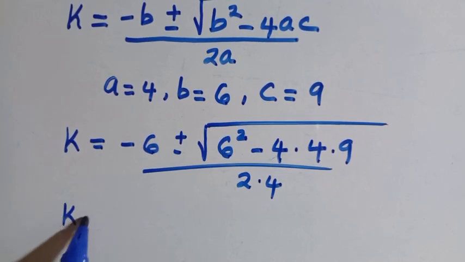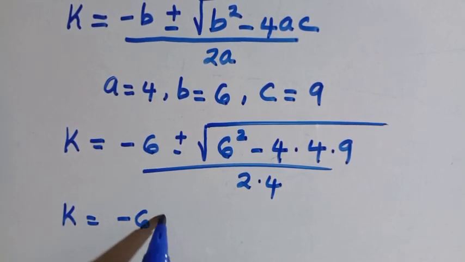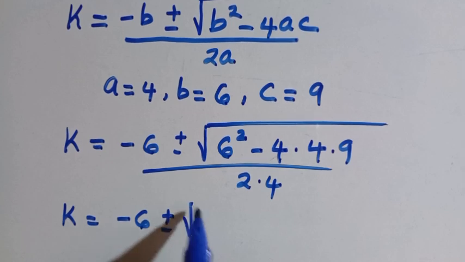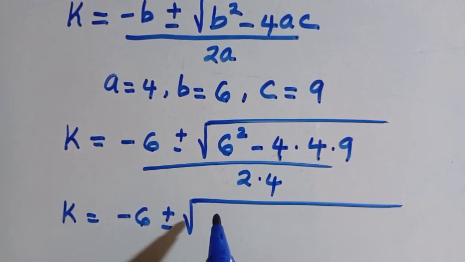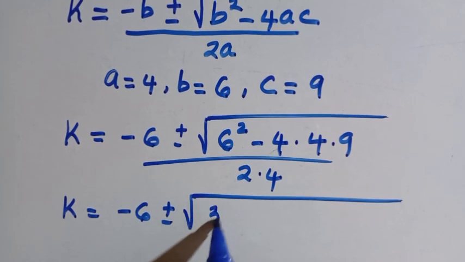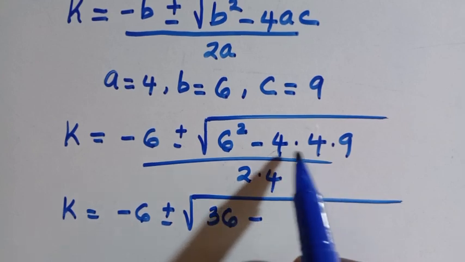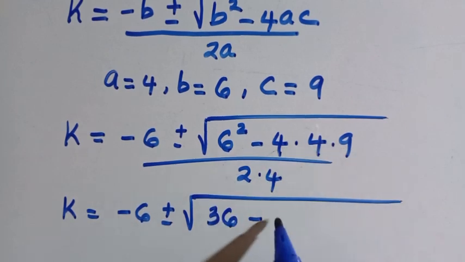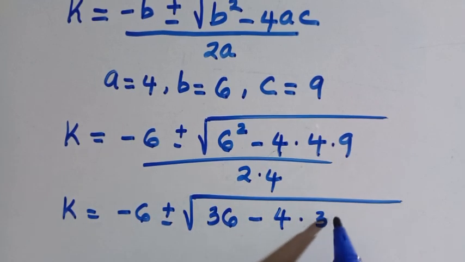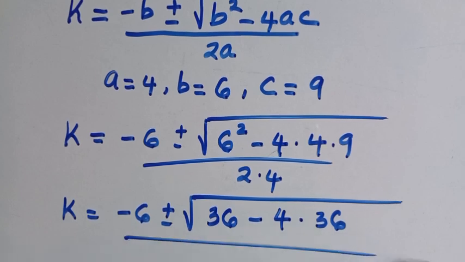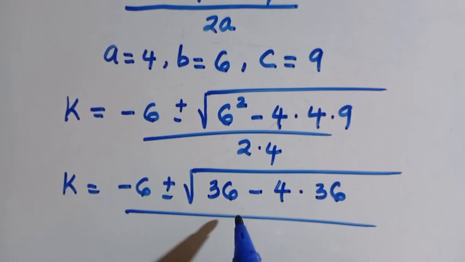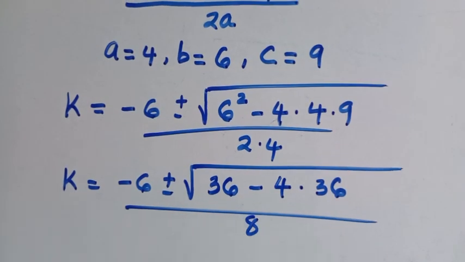So the next step we have k equals minus 6 plus or minus square root of 6 squared is 36 minus 4 multiplied by 36 (4 times 9), divided by 2 times 4, that is 8.